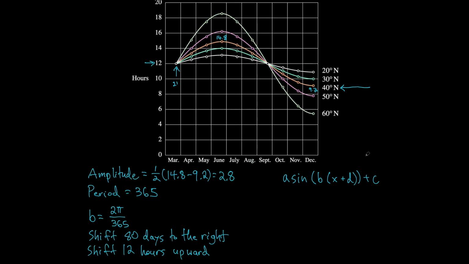So how about we use length with respect to time, so it's L. So L of t equals 12 plus, because 12 is our shift upward, our vertical shift, that'll be C. I just changed the order a little bit. 2.8 for our amplitude, A, times the sine of B, which is 2 pi over 365. And that's times T. And our shift is to the right, so we're going to subtract 80.